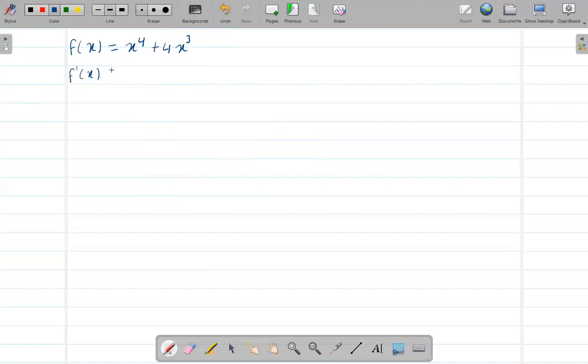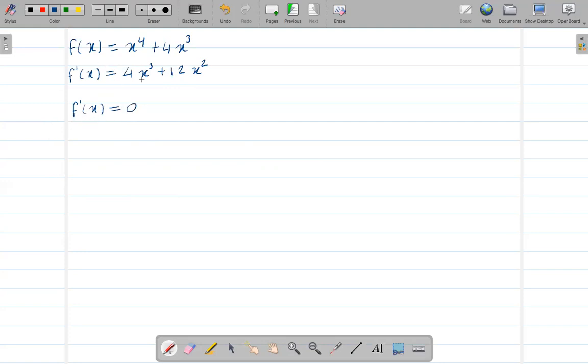F prime of x is 4x to the power 3 plus 12x squared. Once you get this, to find the critical number, I have to assume f prime of x is equal to 0, and then find the value of x from here.